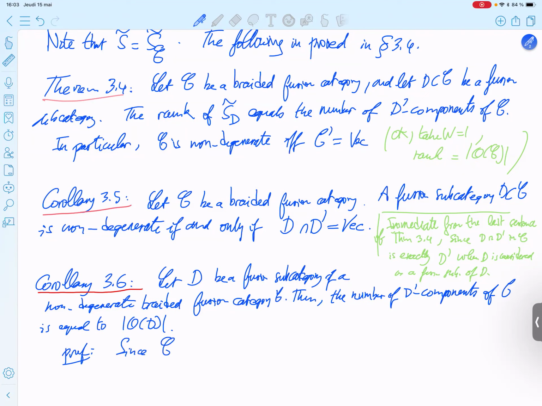Since C is non-degenerate, the rows of S tilde D must be linearly independent, and so the number is exactly the number of rows, which is the rank of D.